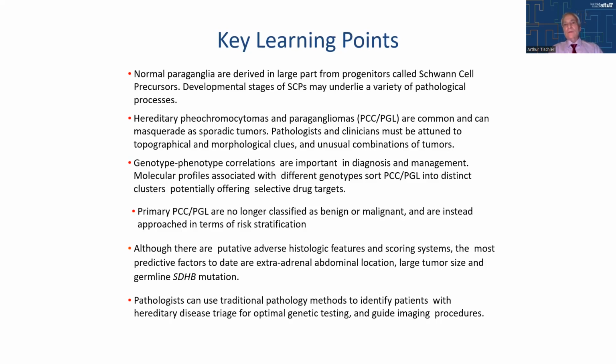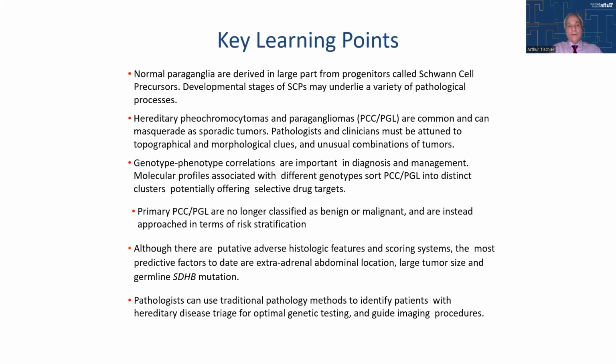Hereditary pheochromocytomas and paragangliomas are common and can masquerade as sporadic tumors, so we must be attuned to their topographical and morphological characteristics and unusual combinations of tumors as clues to the presence of a hereditary backdrop. Genotype-phenotype correlations are important in both diagnosis and management, and molecular profiles associated with different types sort these tumors into distinct clusters with potential selective drug targets.